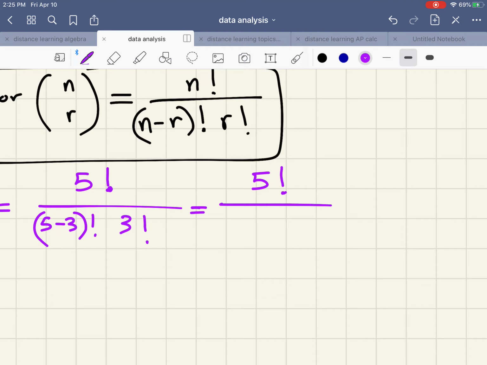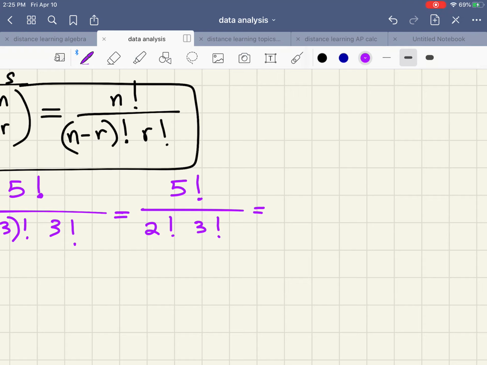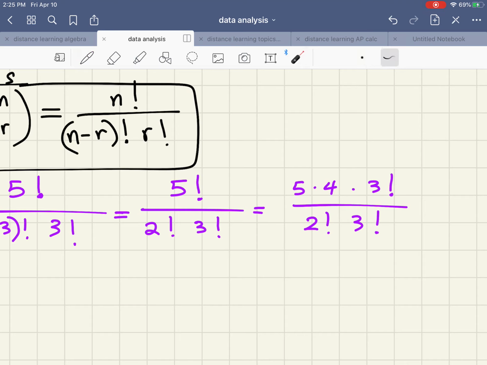Now, this is more complicated than your permutations formula, but it has a lot of similarities. For example, we have 5 minus 3, so that's going to be 2 factorial, and then 3 factorial. And just like our permutations, we're going to have some stuff canceling out. I always wait to this point to see how I'm going to write the numerator based on what I have in the denominator, and I want to try to cancel as much of that as I can.